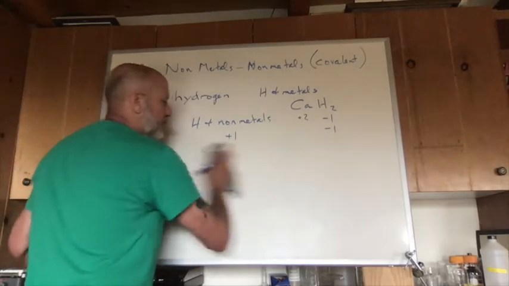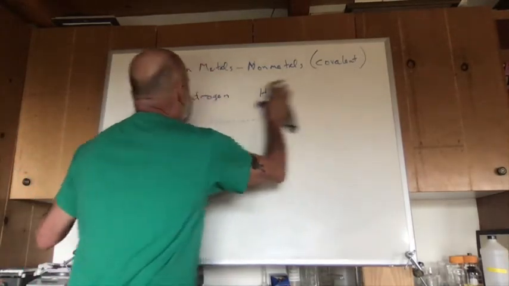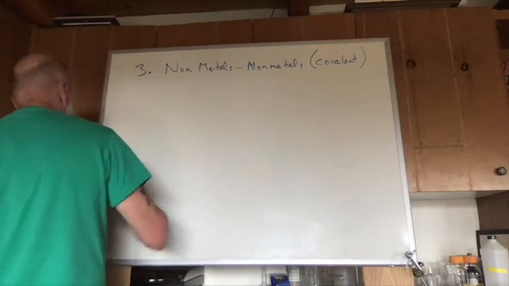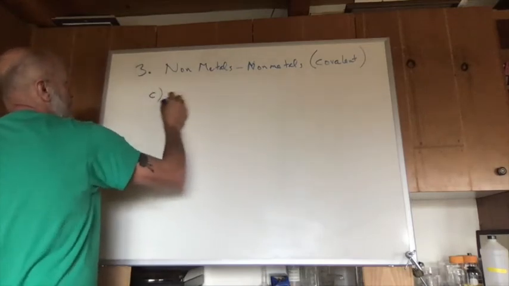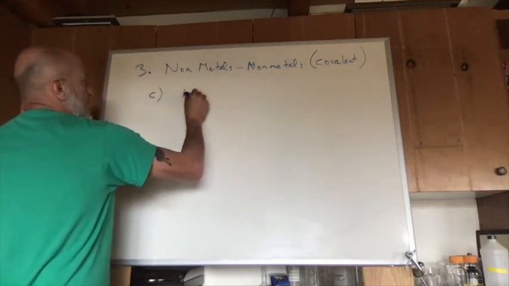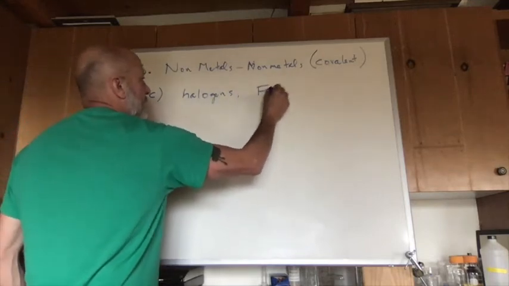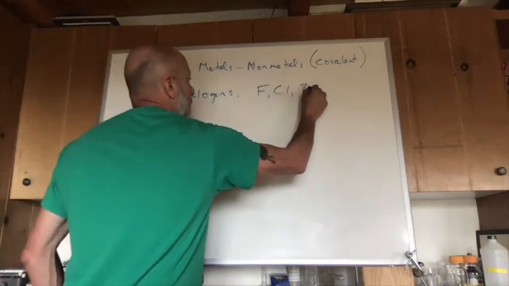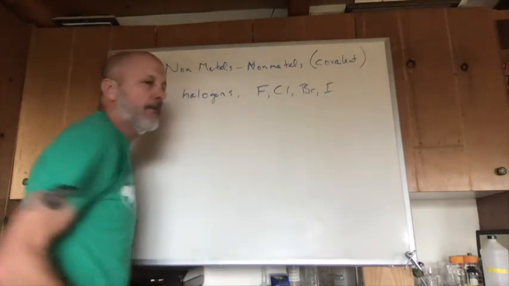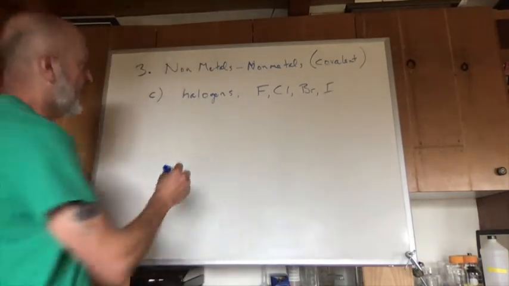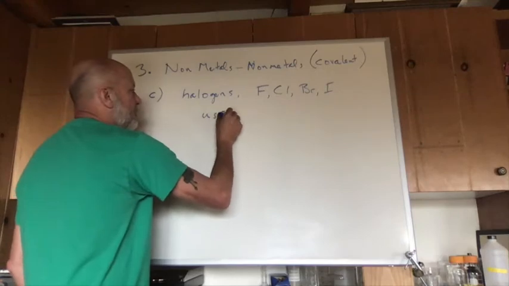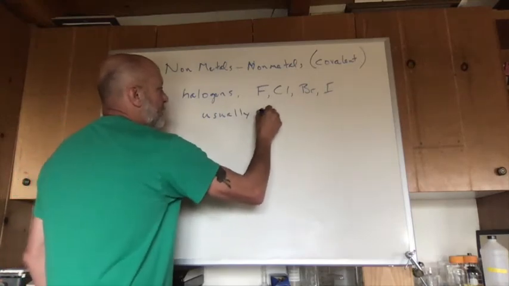Third rule, look for halogens. Does it have fluorine, chlorine, bromine, iodine in it? Halogens usually would get a -1.